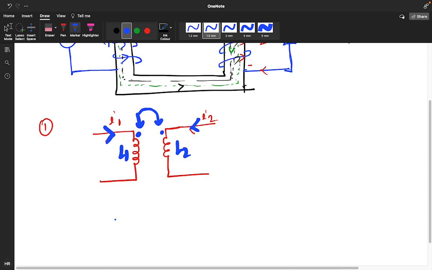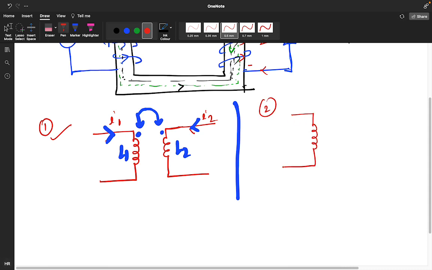Okay. So there are a lot of problems you will get. First write like this. One circuit could be like this, another circuit could be like this. Representation means I1 is here, you are getting a particular dot this side and a particular dot this side. One, it is leaving.